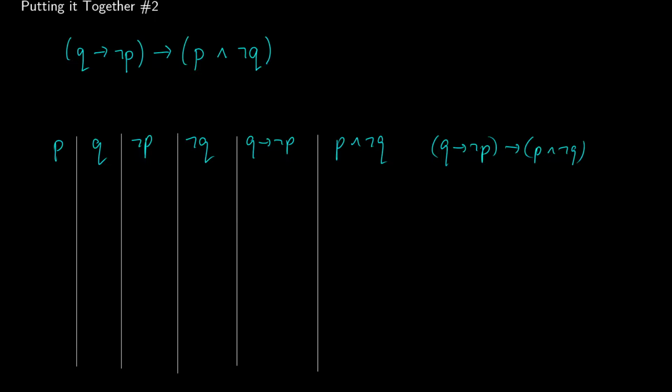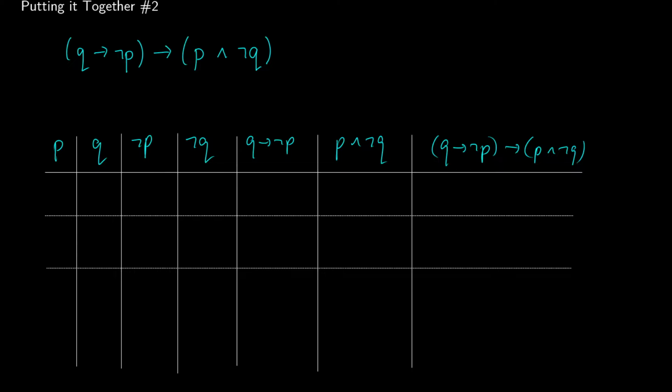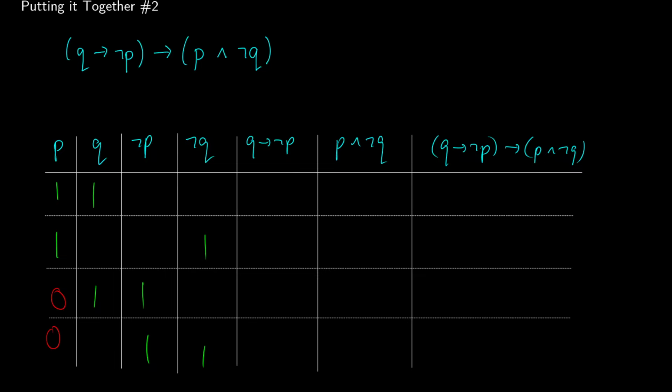And then I will fill in some of the things that we had already done. So let's just get those dotted lines for our 4 rows. So I'm just going to speed through some of the stuff that we learned from the previous question.